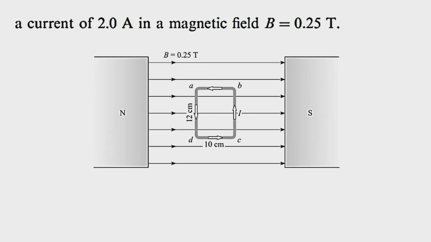Supposing we have two magnetic poles, the north and the south. The two magnetic poles will generate a magnetic field. The magnetic field B is equal to 0.25 Tesla, while a loop of wire is situated at the center of the magnetic field, carrying a current of 2 amperes.